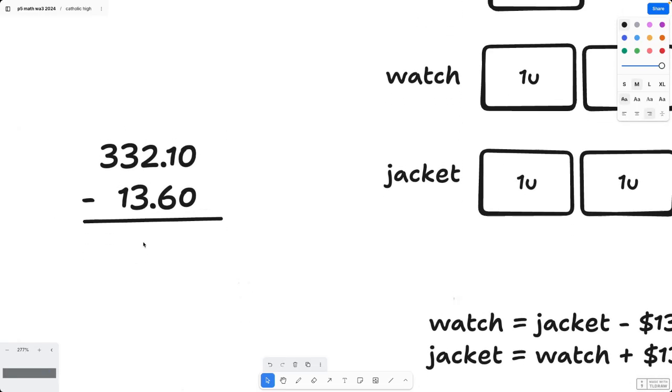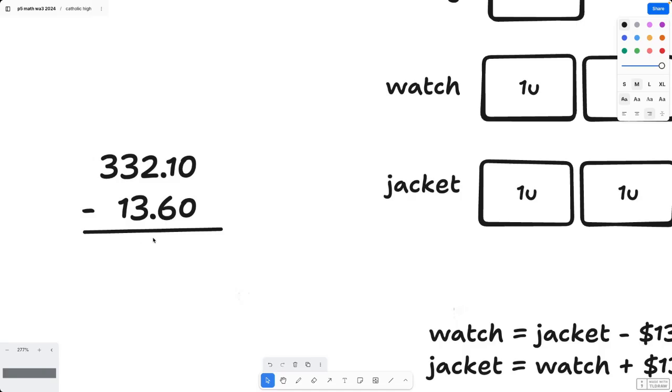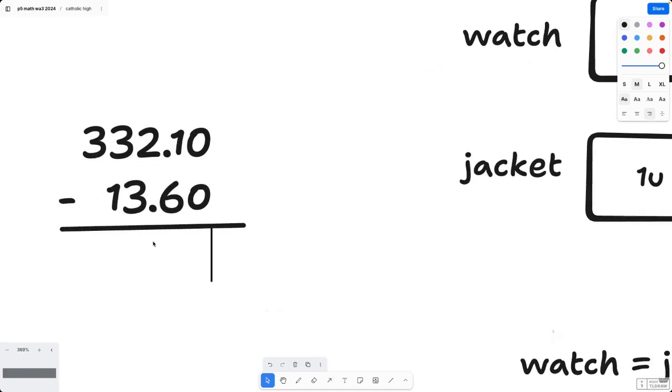All right, so let's do the working for this. So it's 332.10 minus 13.60. So 0 minus 0 is 0. Next one is 1 minus 6. You can't. So we're going to take a 1 from number 2 over here. So we cross this 2 and this will also become 1. So 11 minus 6, this will become 5. Then we put a dot.